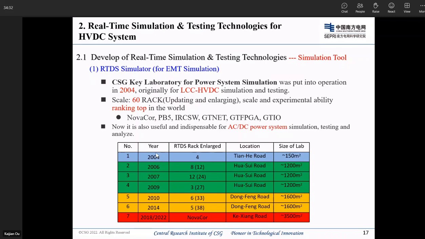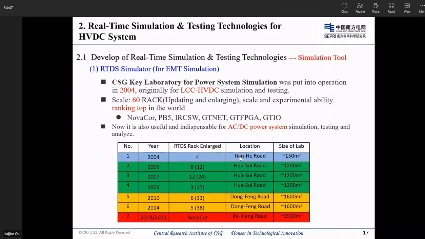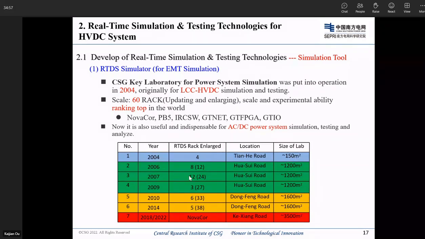As I said, the first RTDS was put into operation in 2004, in Kent Road in Guangzhou, in only 150 square meters. From there we enlarged it many times.